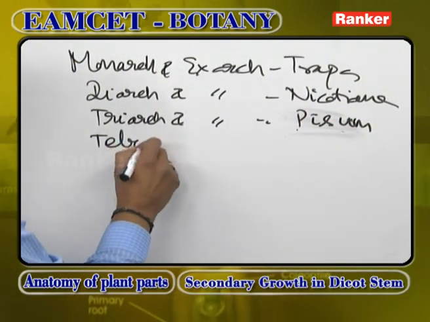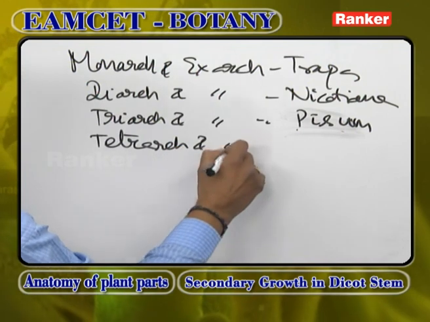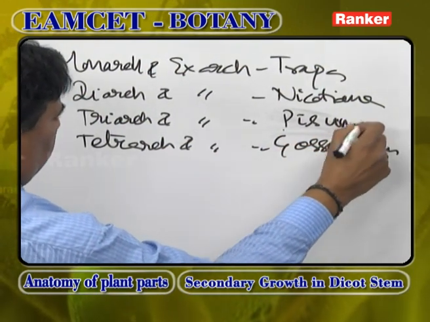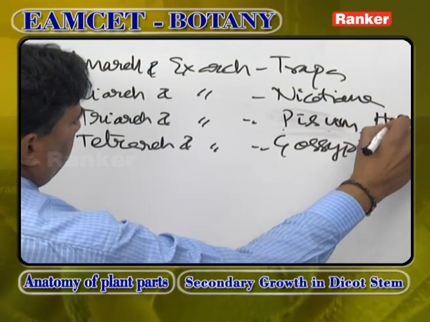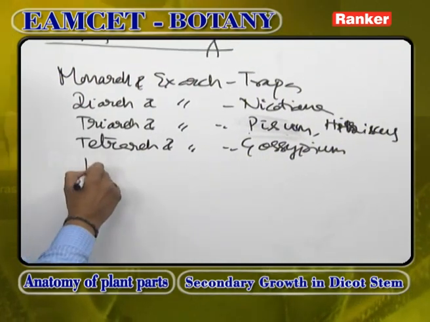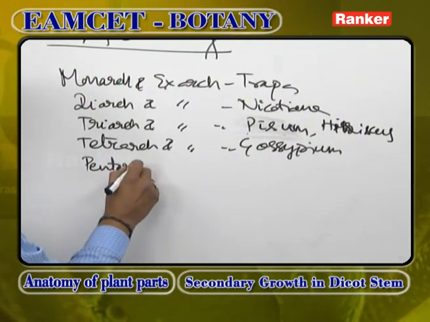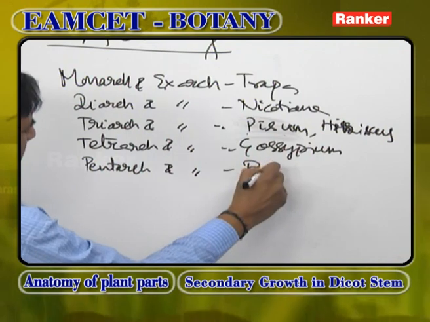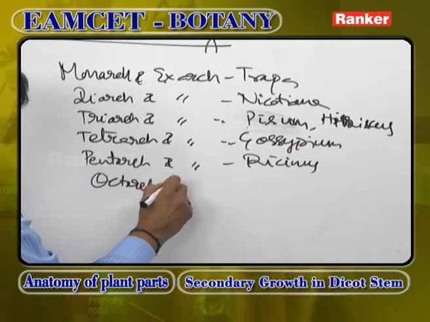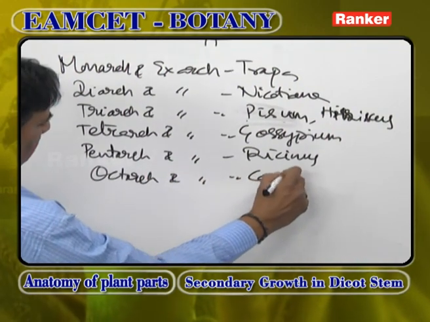Tetrarch and exarch, it is Gossypium. This triarch and exarch condition is also found in hibiscus. So, Pisum and hibiscus. Pentarch and exarch in Ricinus. Octarch and exarch in a plant called Castanea.